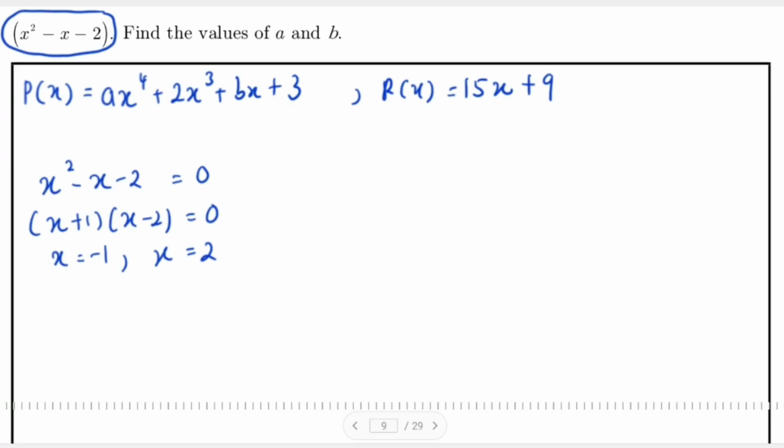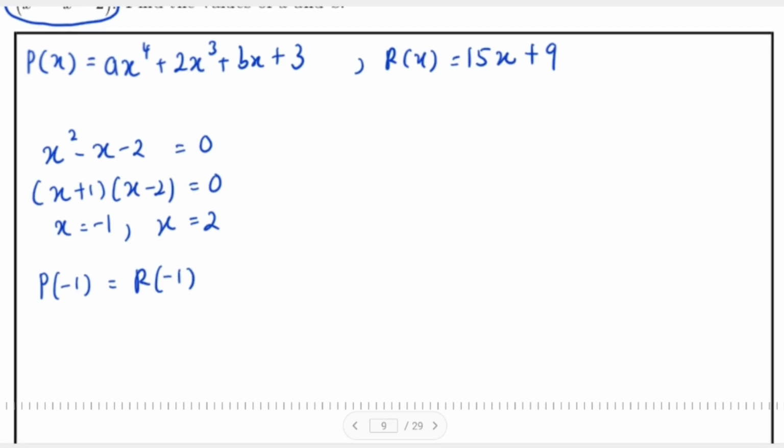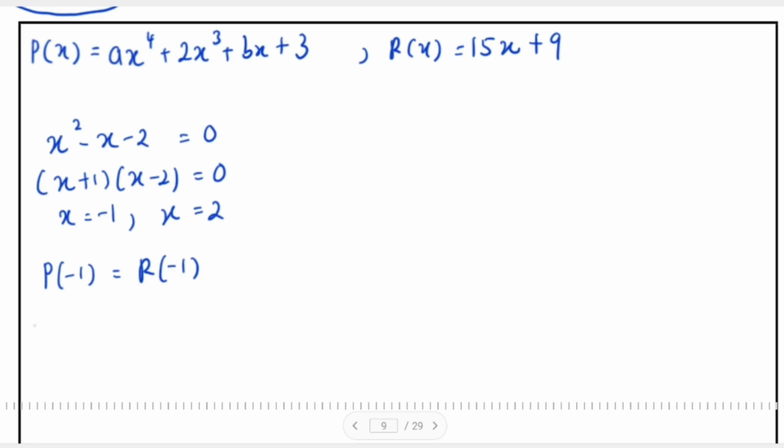So for the first value of x, which is x equals negative 1, P(negative 1) will be equal to R(negative 1). When we substitute negative 1 into the polynomial, we are going to get it like this.